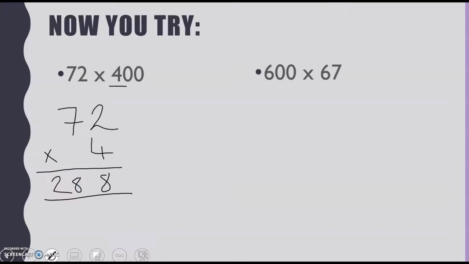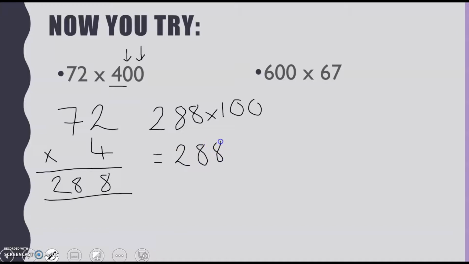Not my final answer though, I still have to do my 288 times by my 100, and we think of that as taking our whole number and putting 2 zeros at the end this time, and that gives us 28,800.